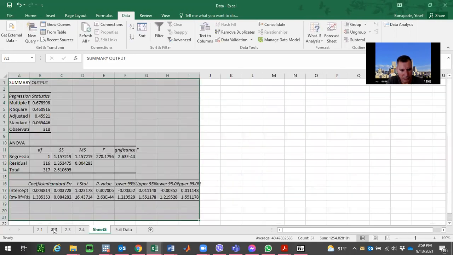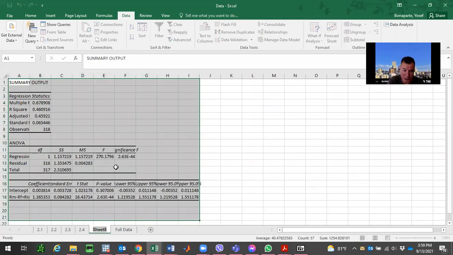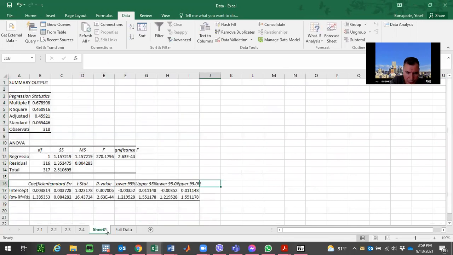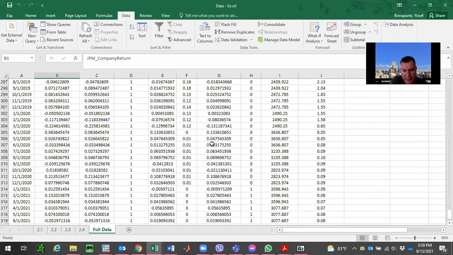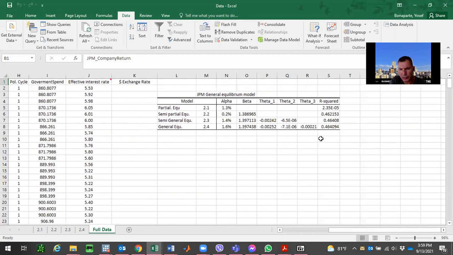And then you should get whatever we got here, the same. And you do that and you get some inference: how the company is influenced by the government, how the government is influenced by the Federal Reserve. And that's what we call the alpha beta thetas model. This is the alpha beta thetas model. I want you to report this table using this model.